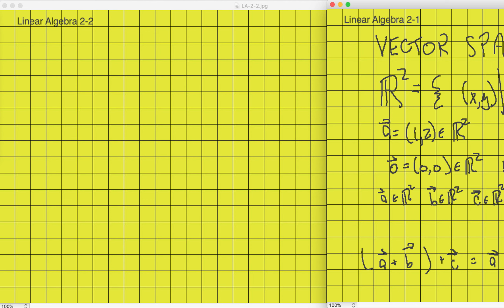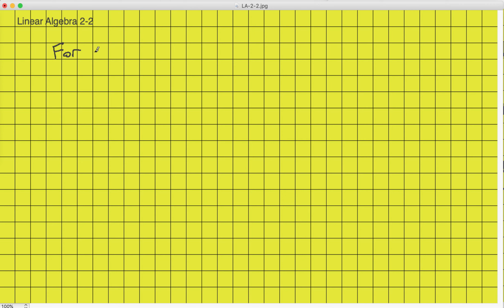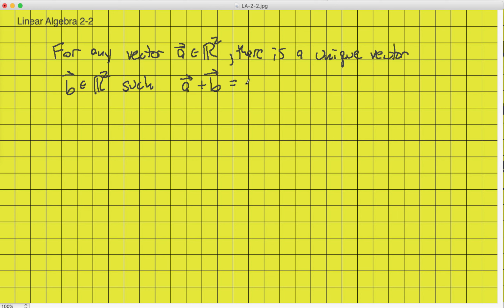I want something else. I want to say that for any vector A contained in R squared, there is a unique vector B contained in R squared, such that A plus B is equal to B plus A is equal to this special thing called the zero vector.